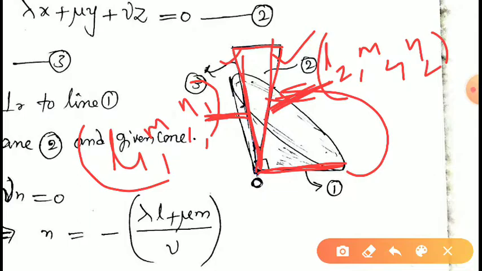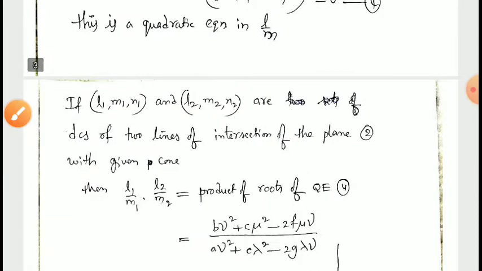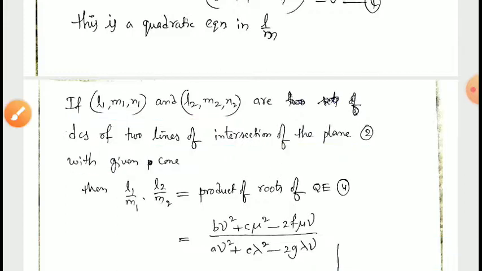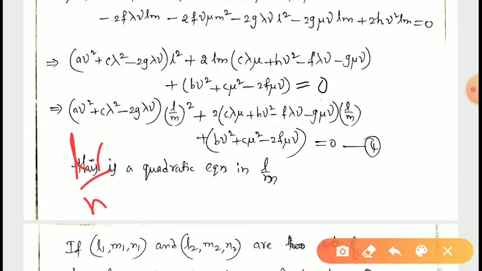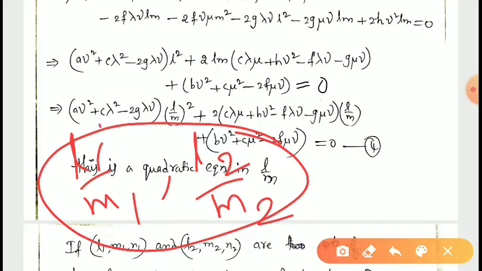Therefore, since L1, M1, N1 and L2, M2, N2 are two sets of direction basis of the lines where the plane cuts the cone, then we must have L1 by M1 and L2 by M2 as the two roots of this quadratic equation.